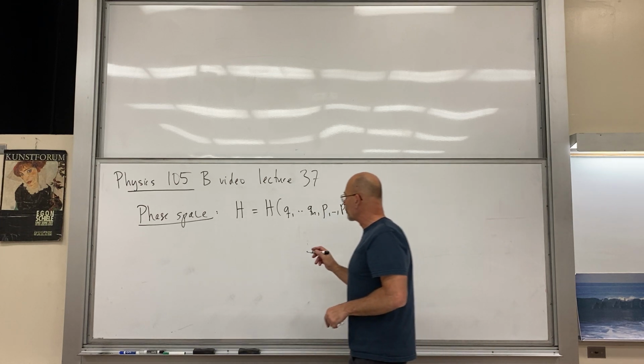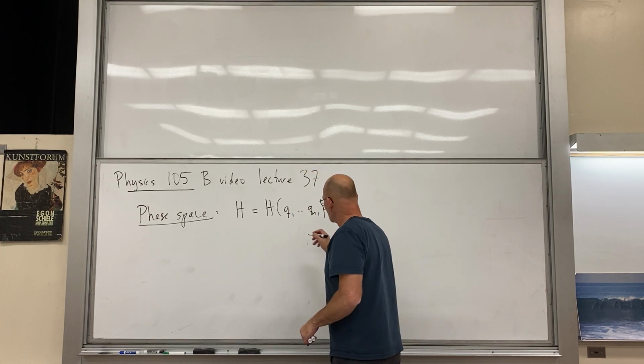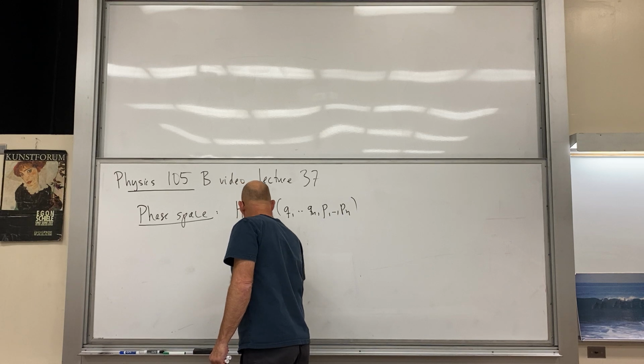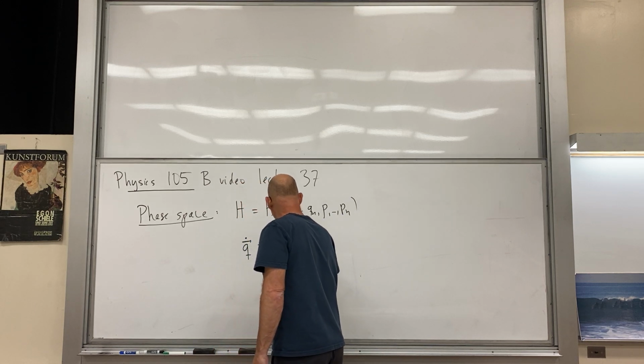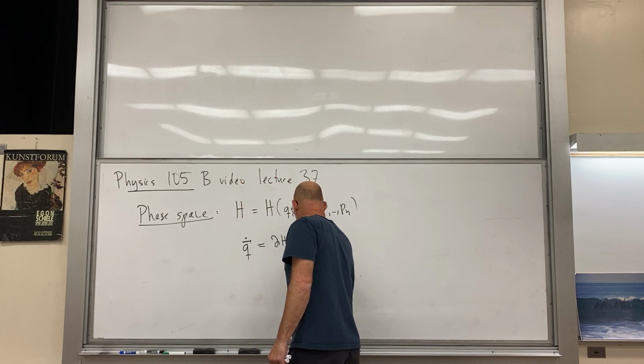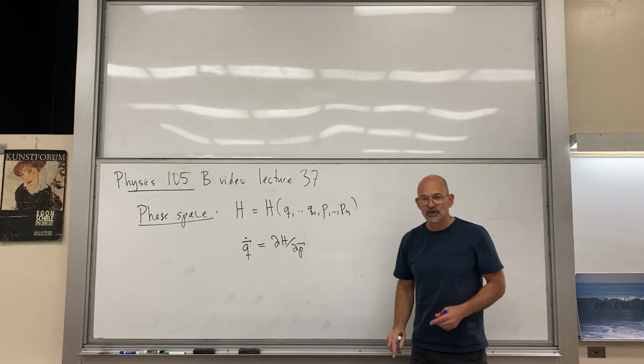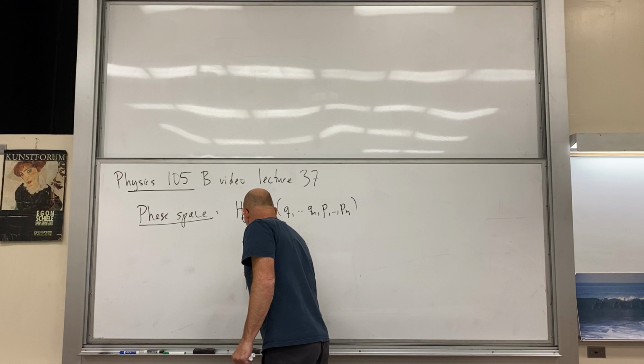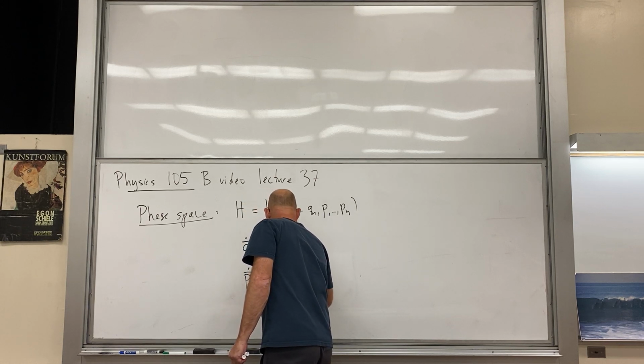And with Hamilton's equations, I'm going to write it as a vector now: Q dot is dH/dP, so that's those n derivatives, and P dot is minus dH/dQ.